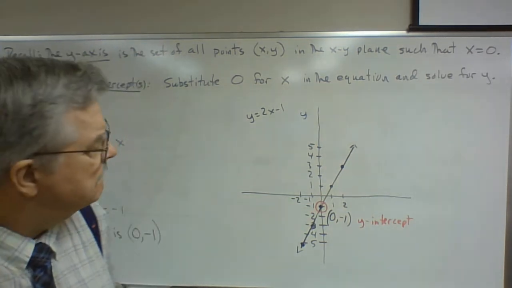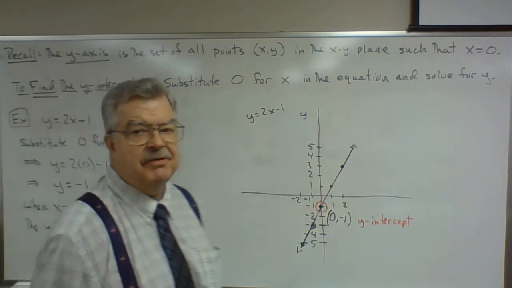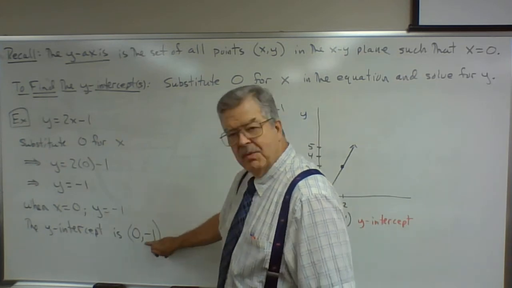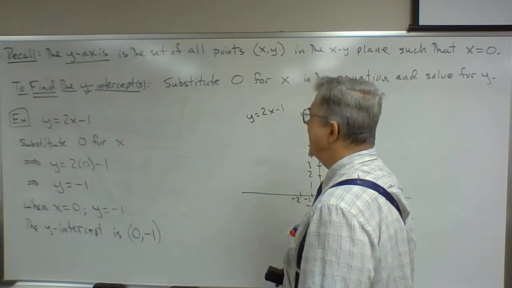Now, in our book and on MyMathLab, when they ask for the y-intercept or the y-intercepts of a graph, they're probably not going to want it in this form. Well, why is that?